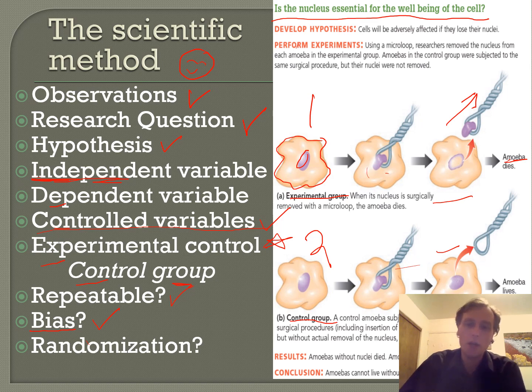Well, it would mean you go down to the pond, you get yourself maybe 150 cells, and then you randomly select, say, you flip a coin as you pull out a cell from your pond sample. You flip a coin, and if it's heads, you put that cell in the experimental group. If it's tails, you put that cell in the control group. So you're going to randomize how each cell is put into each group.